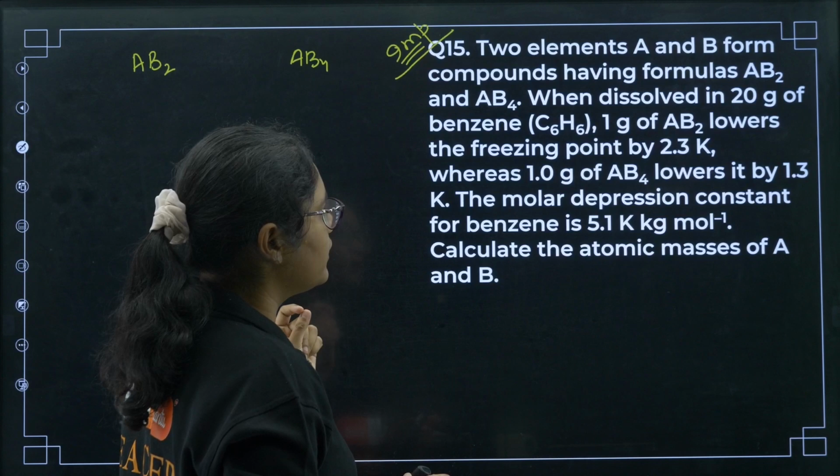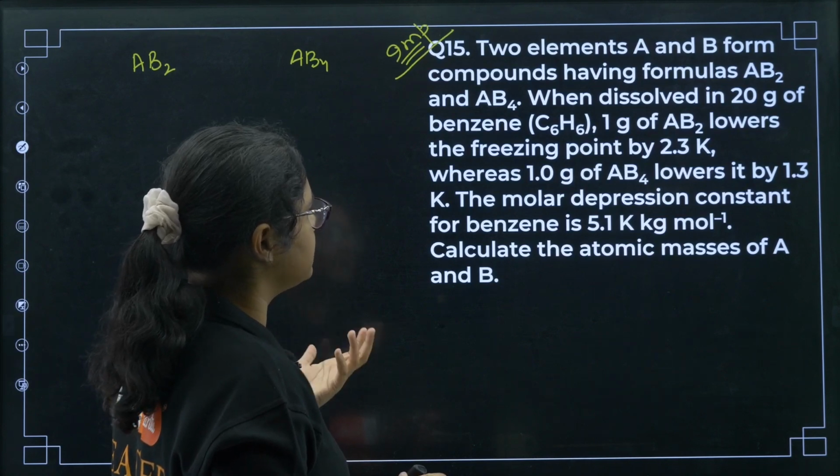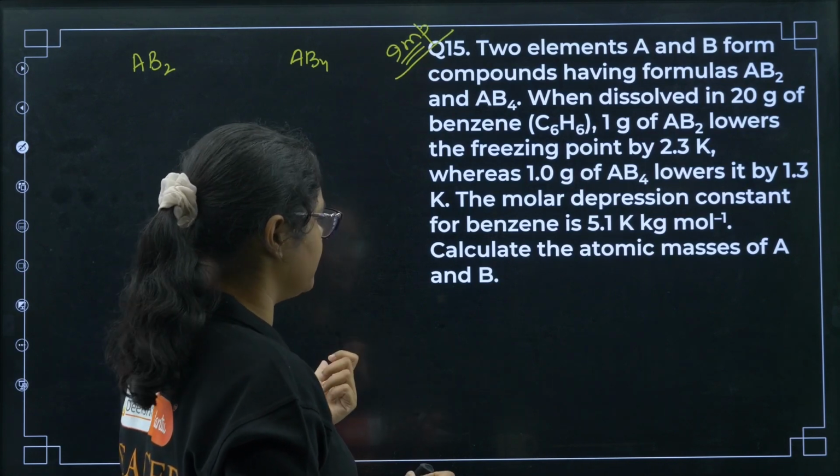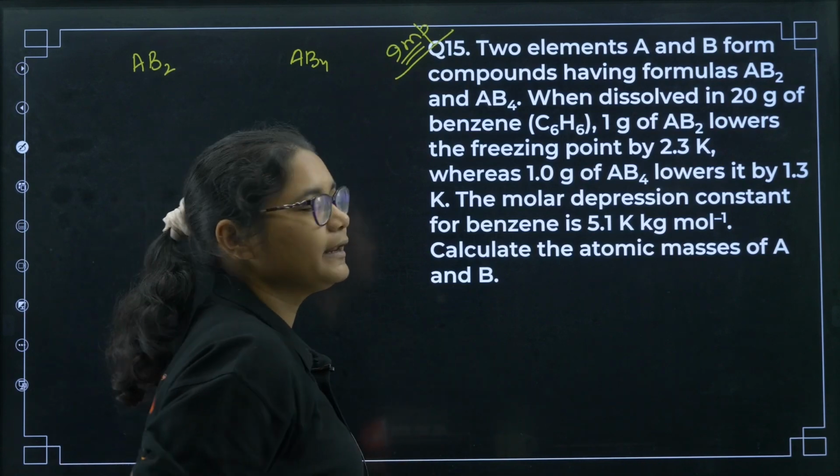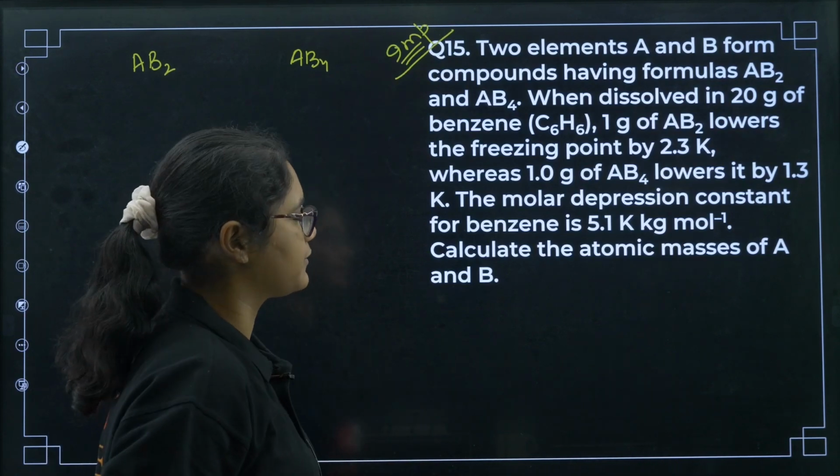The molal depression constant for benzene is given to you. Calculate the atomic masses of A and B. A little bit tricky question.